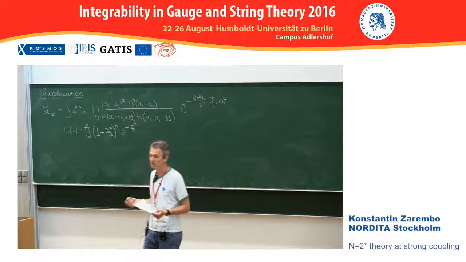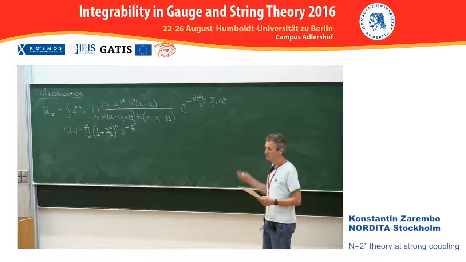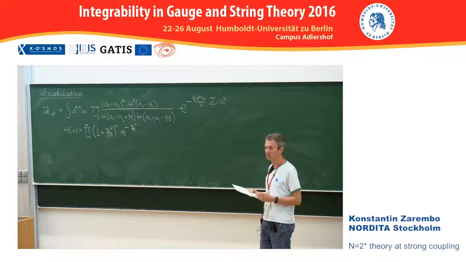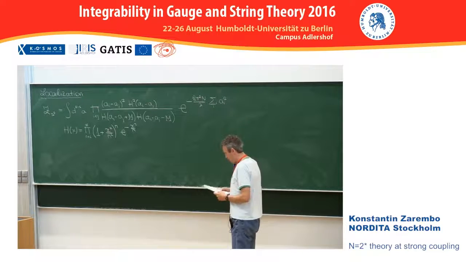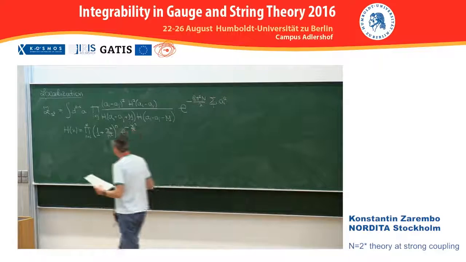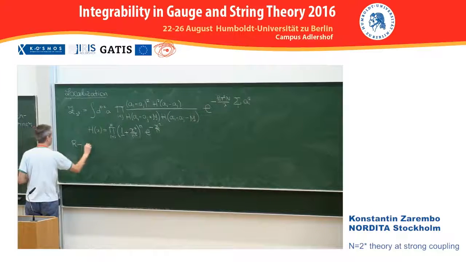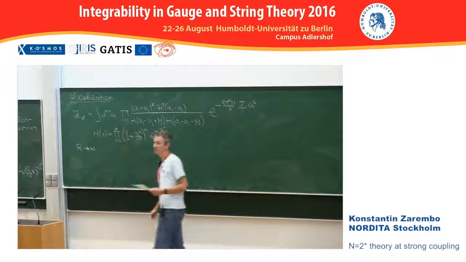They have dimension 1, and so does mass. And it is assumed that they're all multiplied by R. So all entries in this formula should be understood as A times R, M times R, and so on. The interesting regime is the decompactification, when we take the radius to infinity. Then we recover the theory in flat space.